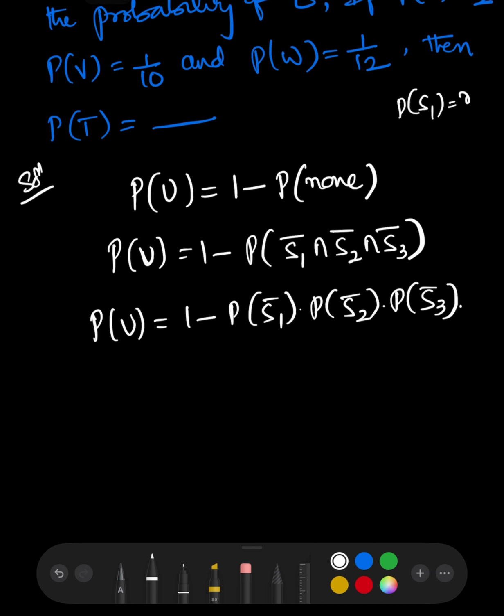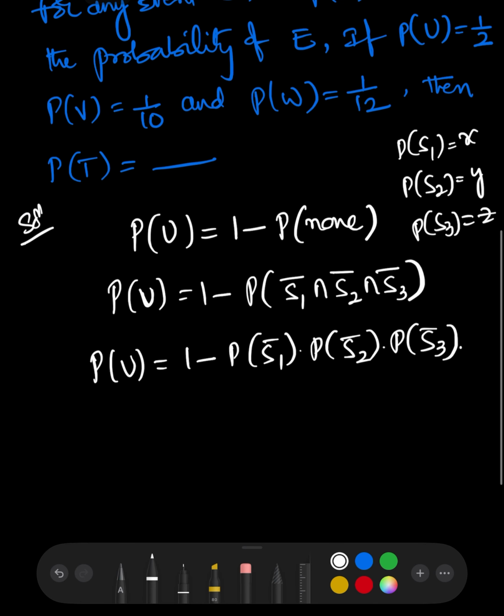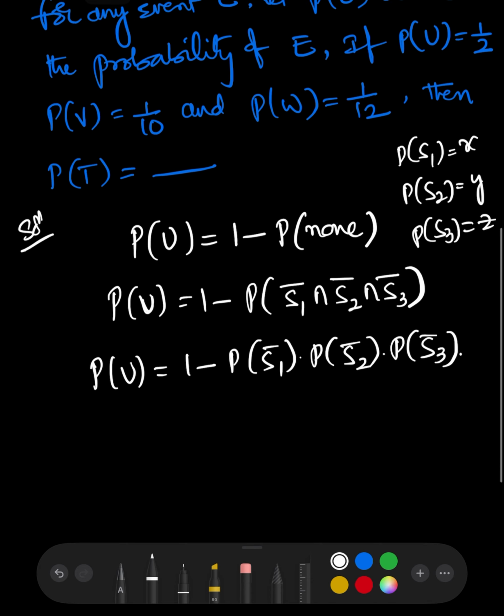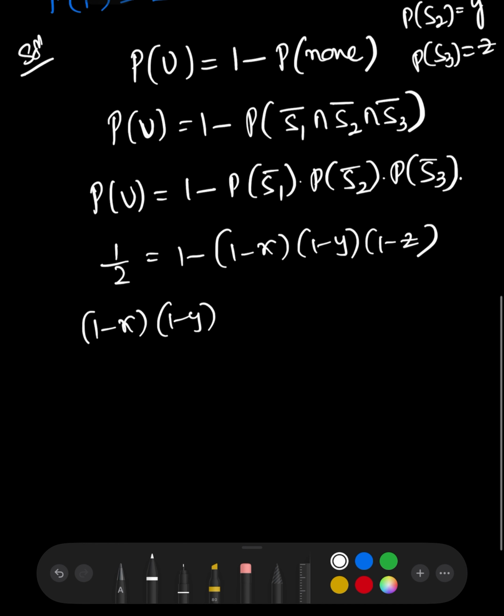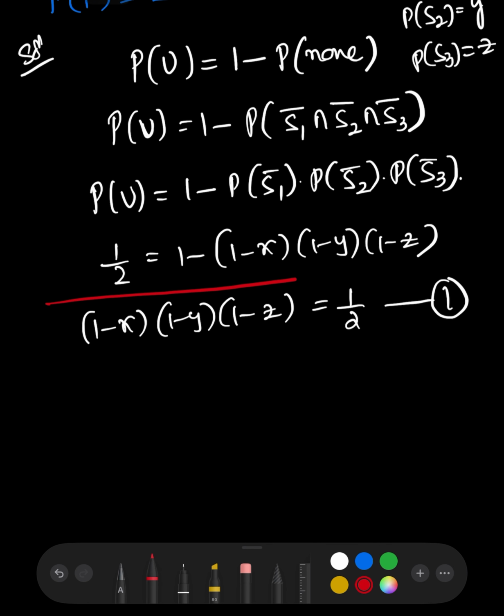Let us say P of S1 is x, P of S2 is y, and P of S3 equals z. Already given that P of U is 1 by 2, so 1 minus (1 minus x) into (1 minus y) into (1 minus z) equals 1 by 2. So (1 minus x) into (1 minus y) into (1 minus z) equals 1 by 2, which is equation number 1.